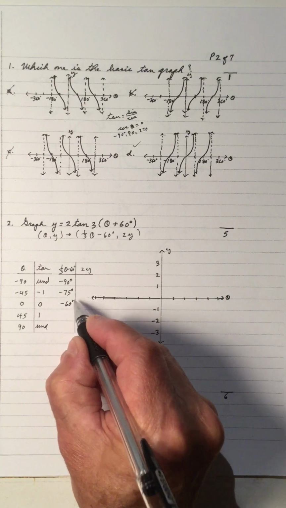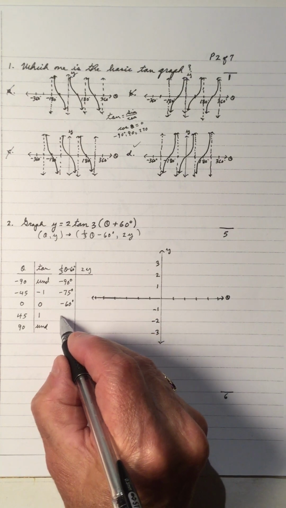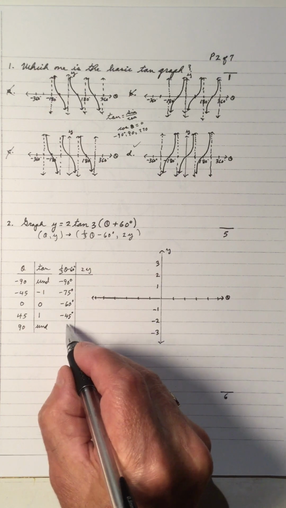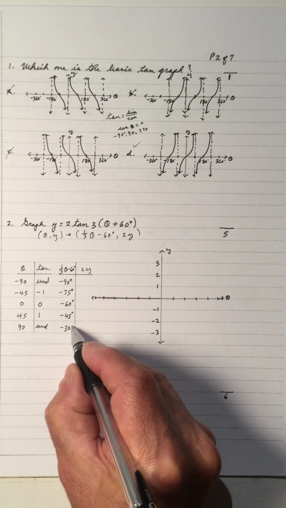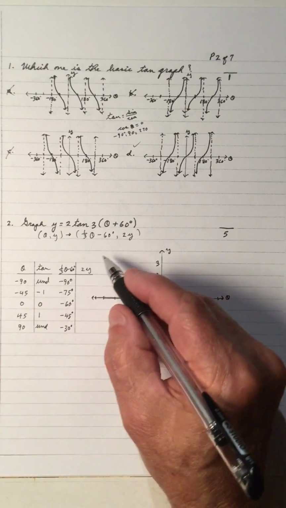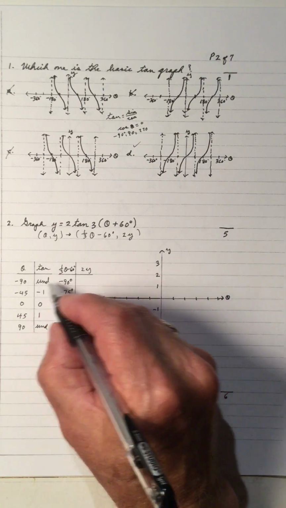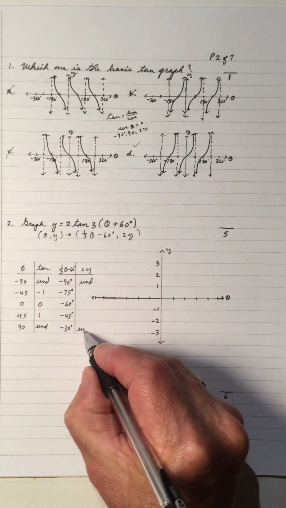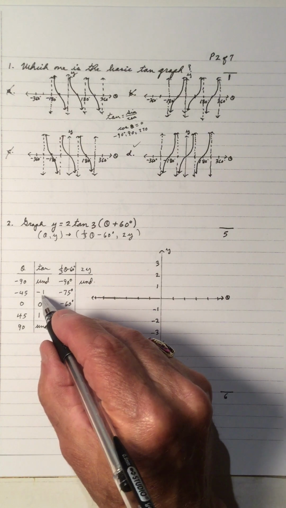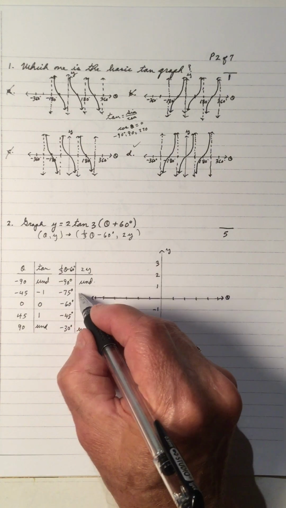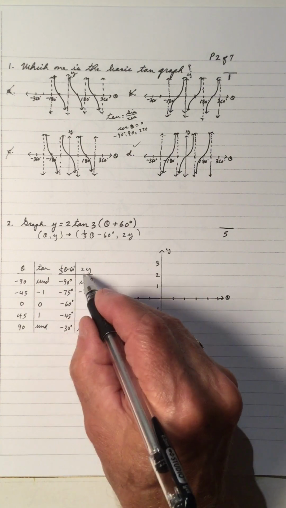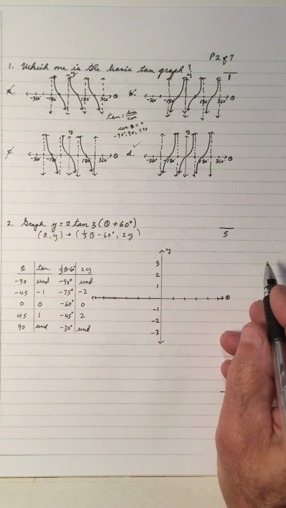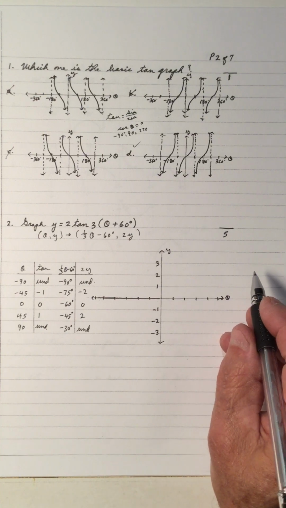Notice that now it's negative 15, so without working this one out, I can say that's a negative 45, and this is a negative 30. And now let's work out the y values. If it's undefined at negative 90, it's undefined here, and it's undefined here. And this is negative 1, 2 times negative 1 is negative 2, 0, 2 times 0 is 0, 1, 2 times 1 is 2.